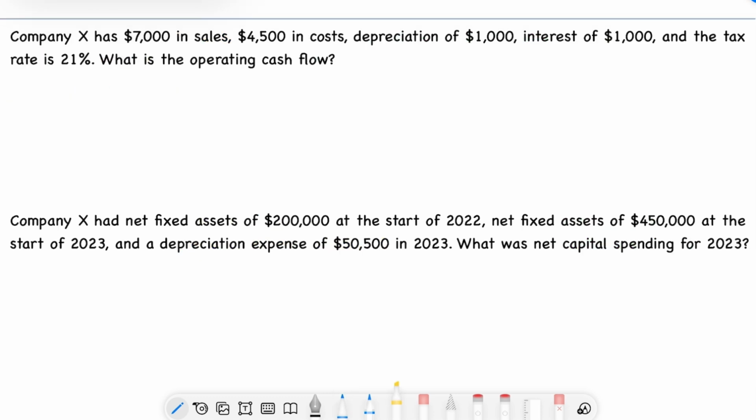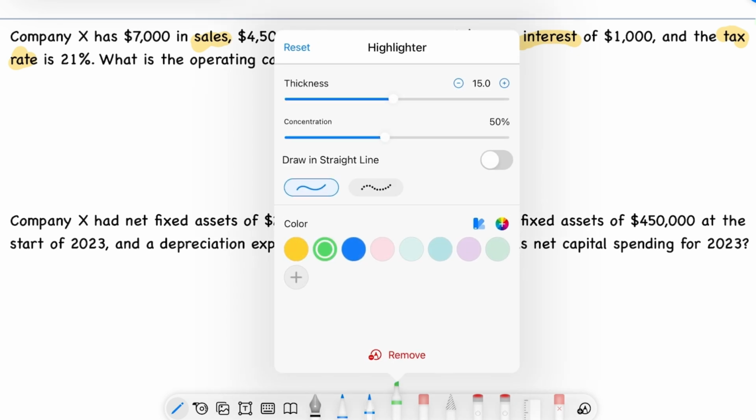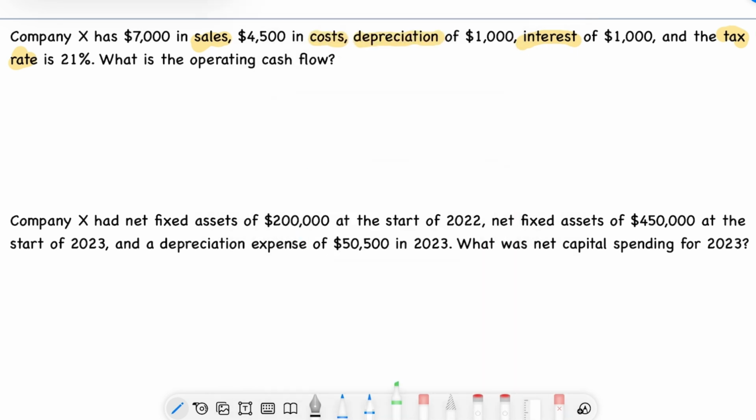This next question, we are given our revenue, or in this case, sales. We have a cost. We have depreciation, interest, and taxes. And we want to know what our operating cash flow is. We have an equation for operating cash flow.